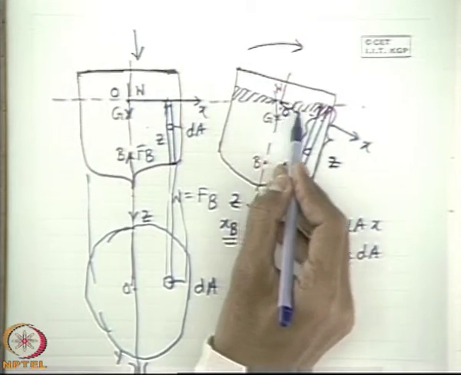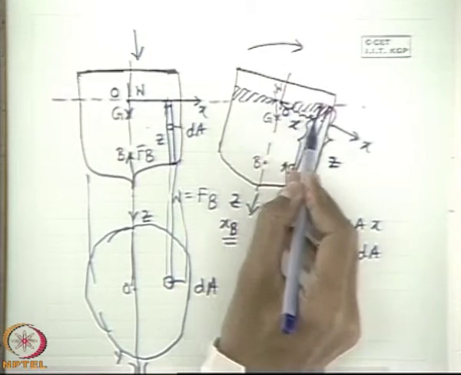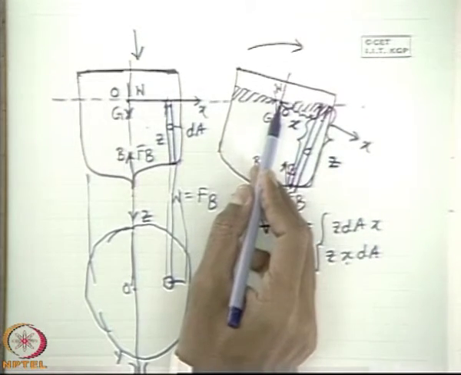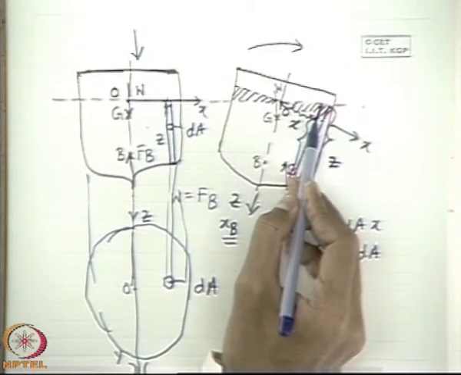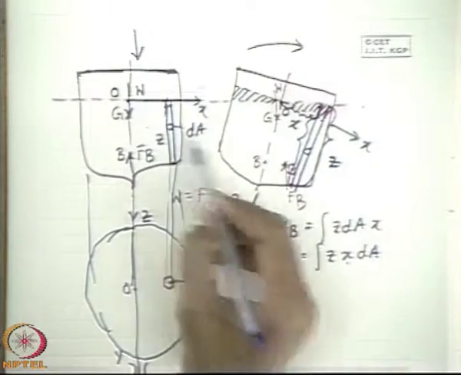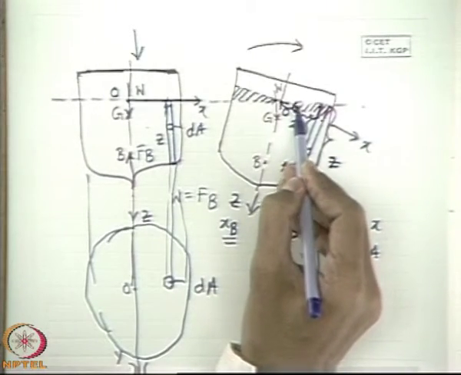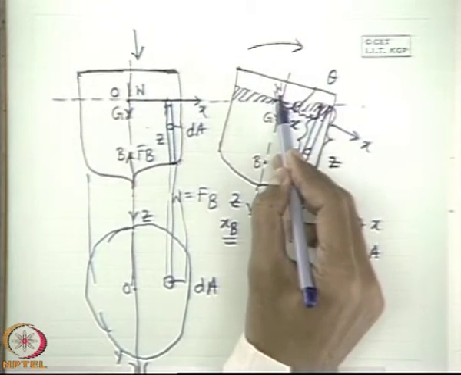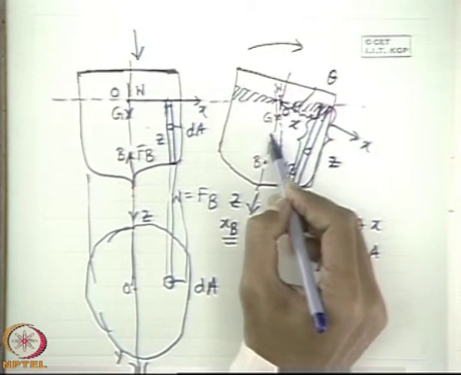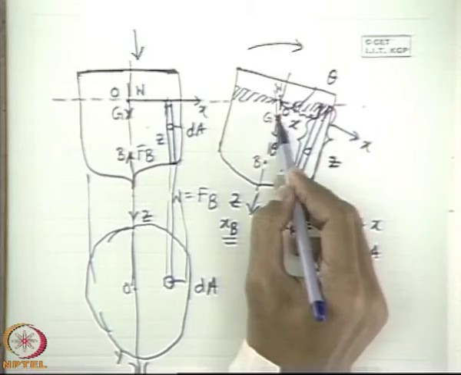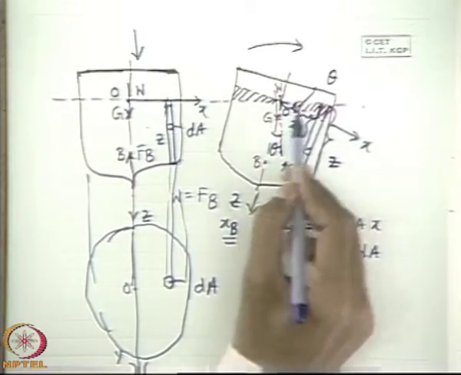So if this is the X, that means the X coordinate of this prismatic element from the coordinate axis origin, then this will be X tan theta, where theta is the angle of heel. If we make this as theta, or the vertical through this O with the old vertical theta, because the angle between two lines is equal to the angle between their perpendiculars.